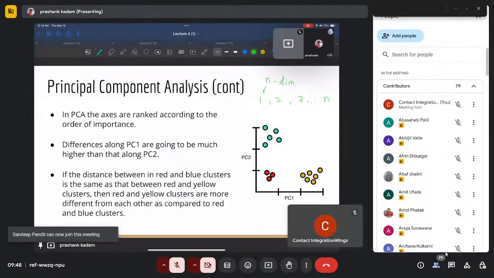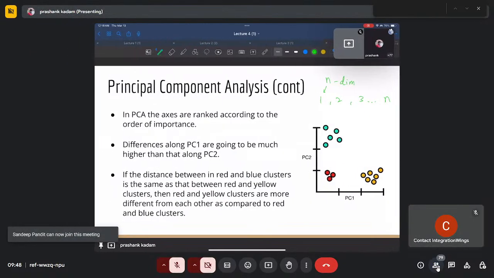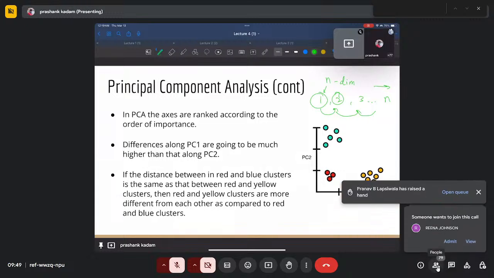But usually, one basic rule of PCA is that the first dimension will explain the most amount of variability in your data. The second dimension will again explain some lesser variability than the first dimension, and then the variance explained by further and further principal components starts getting lower and lower. Now, what do I mean by that?